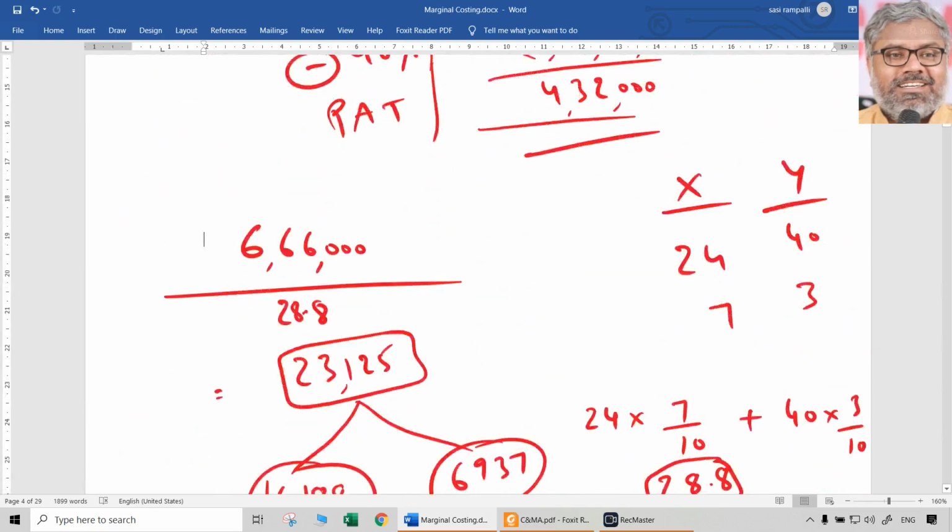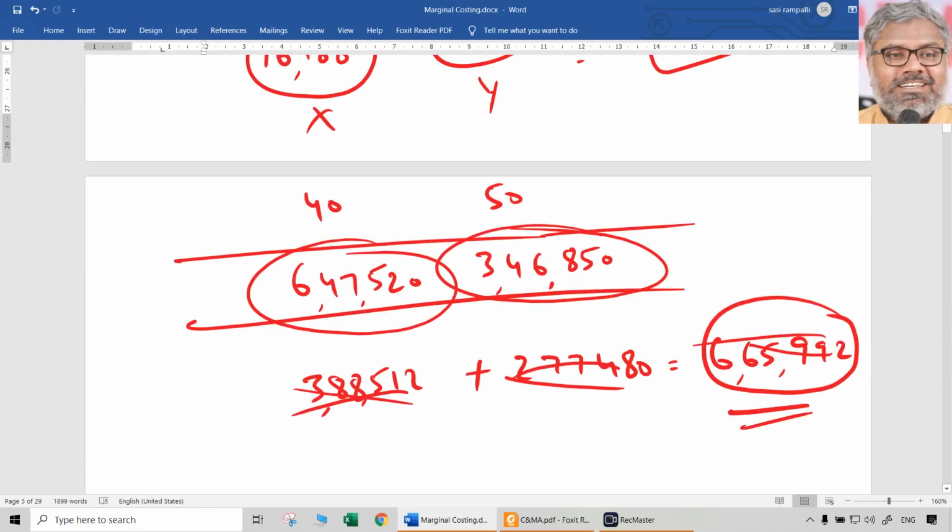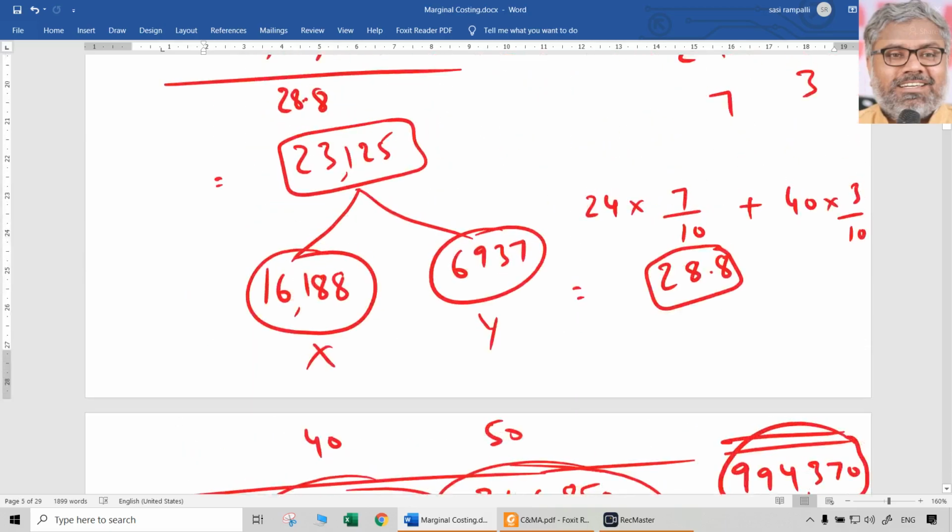We did both. So what is the total break-even sales? That also you can find out. Total of 6,47,520 plus 3,46,850. Total break-even sales for the next year is going to be 9,94,370 rupees. This is okay. This can be expressed in total, no problem. But you cannot say the total break-even number of units is 23,125, because that doesn't make sense. That is the number of units of what? There are two different products.